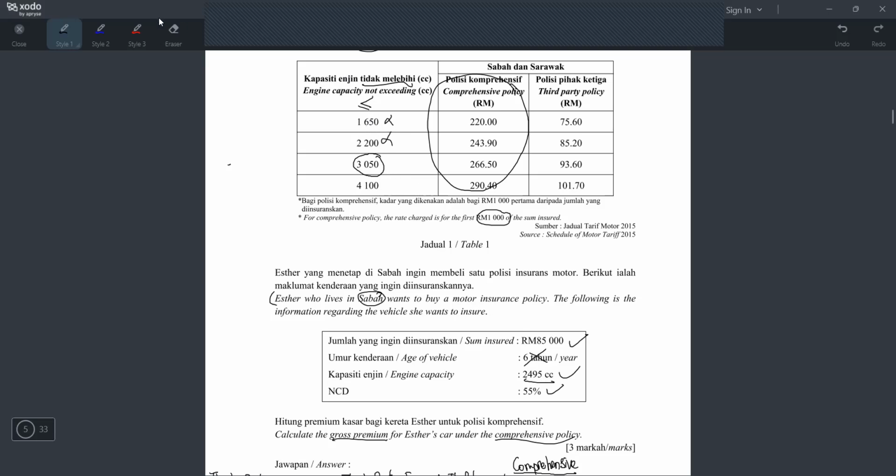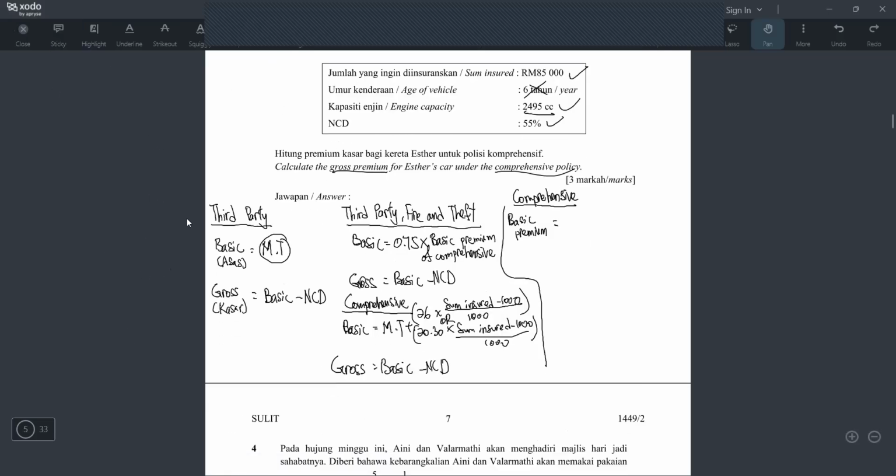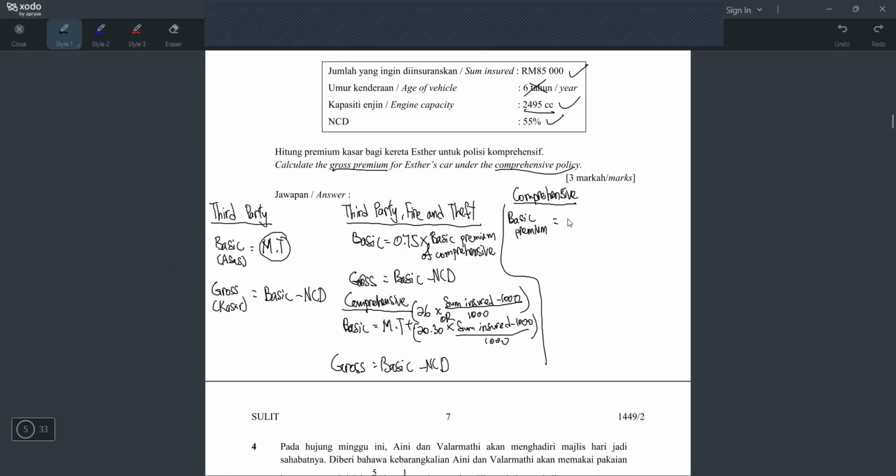So yang kena ambil, okay, kena ambil yang ni, 3050. Sebab apa? Because your 2495 does not exceed 3050. So this is the one we look at. And then this is the value we take here. Because we are finding for comprehensive. So 266.50. But it's not the answer yet.